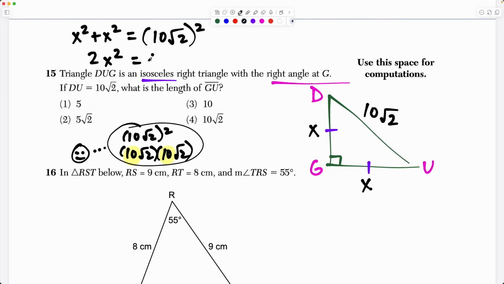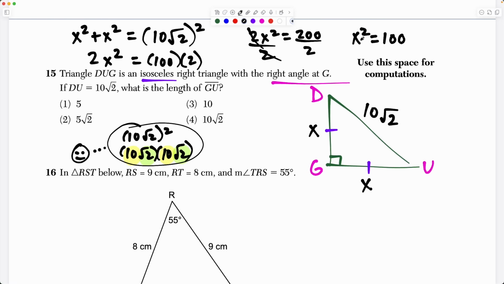So this starts off here as 100 times, and then I multiply square root 2 by square root 2. And square root 2 times square root 2 is equal to 2. So now I could write this over here. 2x squared is equal to 100 times 2 is 200. Divide both sides by 2. And then x squared equals 100 when I do 200 divided by 2.